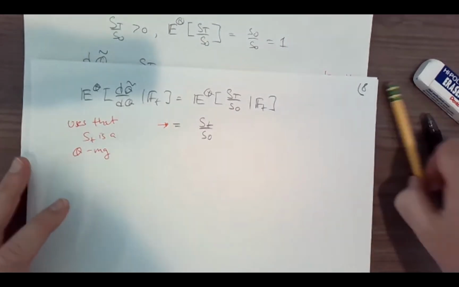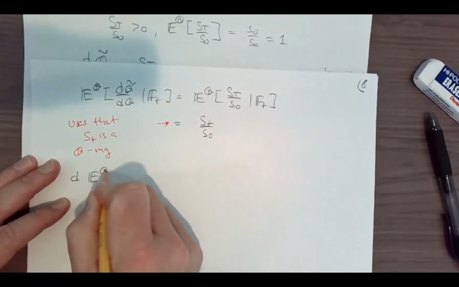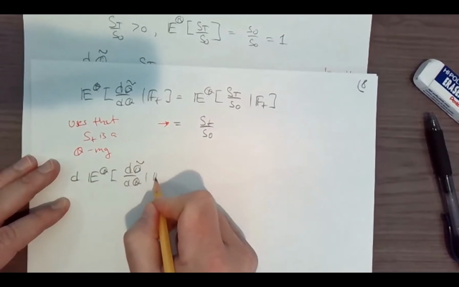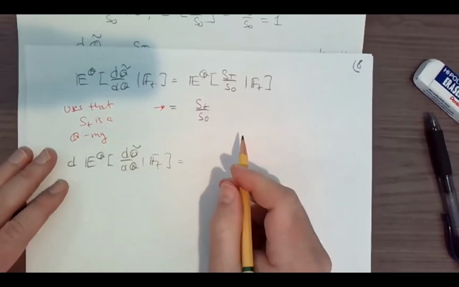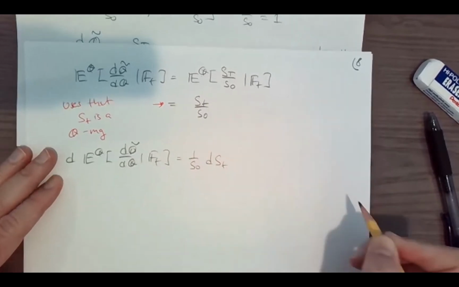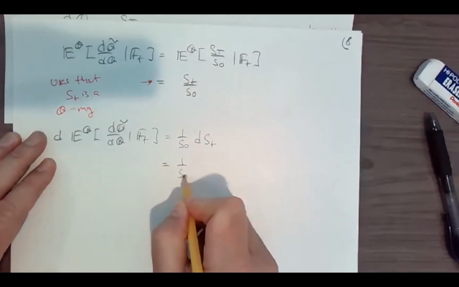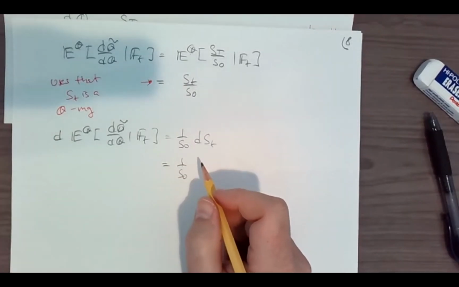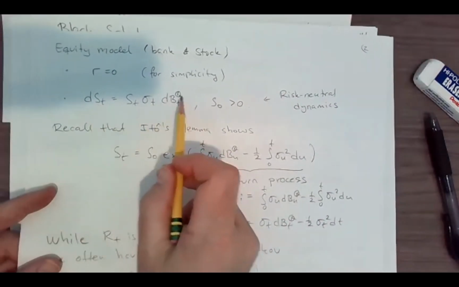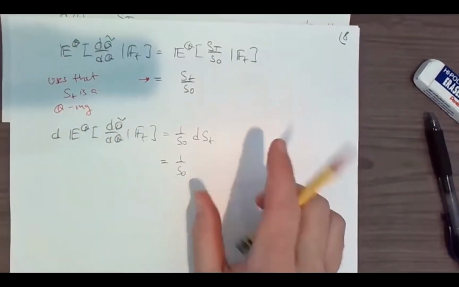So now we can compute the dynamics. We take d of both sides. This is equal to, well, S_0 is a constant, so this is 1 over S_0 dS_t. And then I'll plug in what dS_t is. Go back here, take the formula for dS_t, just copy paste what we have here, put it over here.